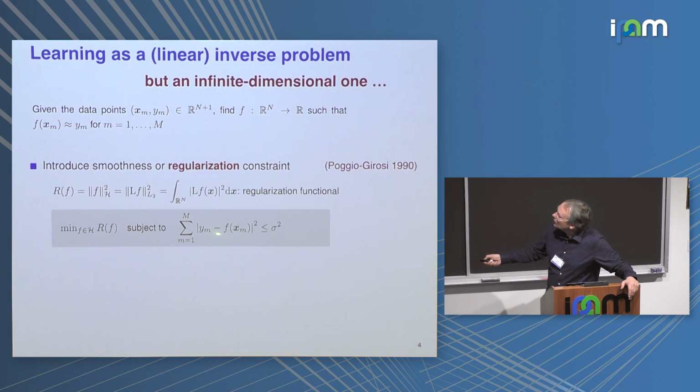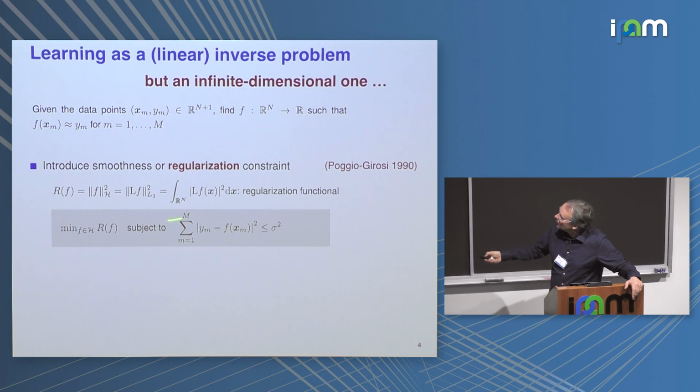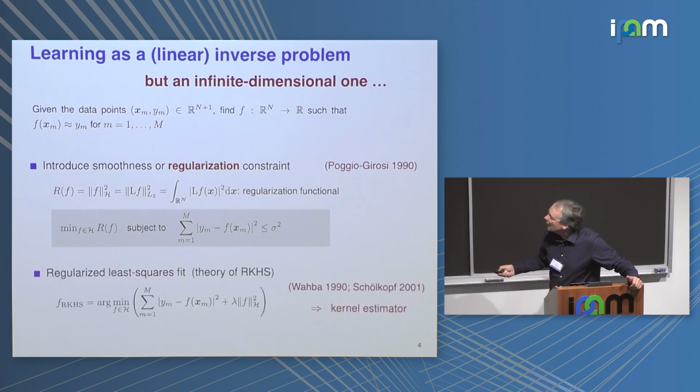But now, here's the data you want to fit, for this sample at x_m, and you're trying to estimate the function, this learning mapping, so that you minimize this regularization. And actually, if you do the math, it's not too hard.